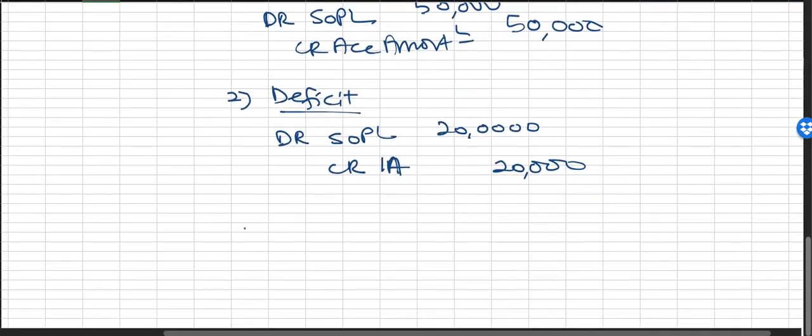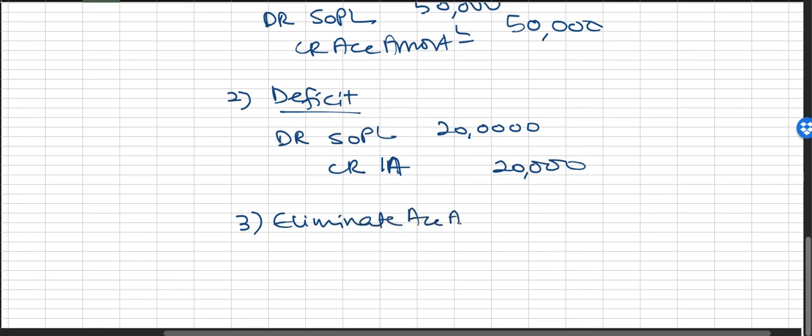The third one, remember, like I always remind in PPE, every time you do the revaluation, there are two things you need to do. One is to recognize the surplus or deficit. Second is to eliminate the accumulated depreciation. That is for PPE, and the same goes for IA. You also need to eliminate the accumulated amortization.